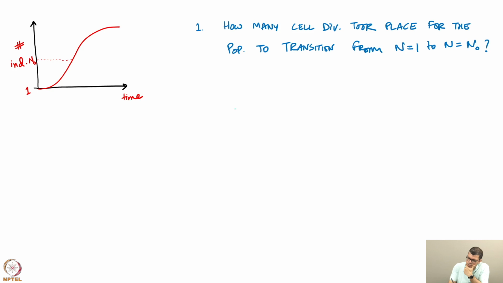Okay. So, I hope some of you got this, but the way to think about this is that when you have a cell and it divides, it gives rise to two cells, and in that process this one is no longer there, I have these two cells.